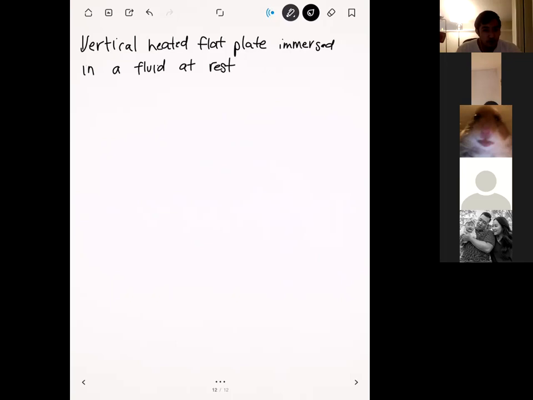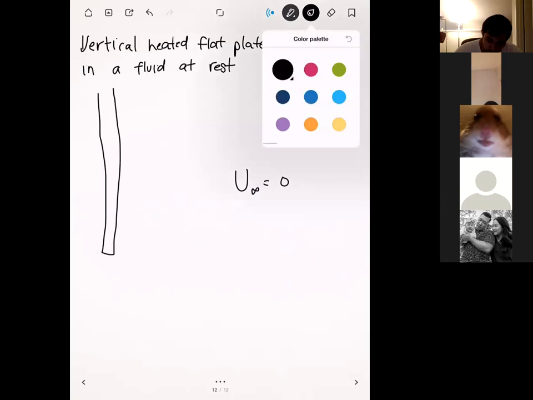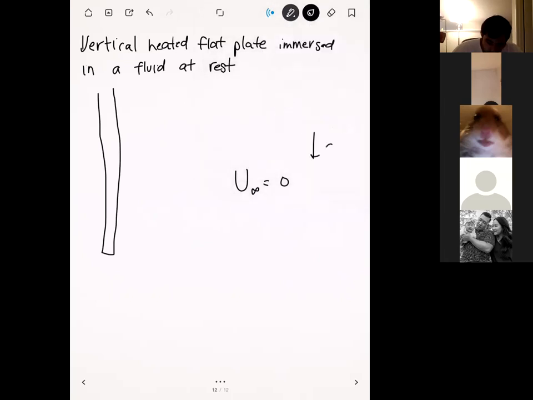We're going to assume there's no forced convection here. So visually it looks like this. We have a large plate, and U infinity here is going to be 0. Far away from the plate, we're going to have zero velocity. The reason I draw it vertical is because gravity is going down just like that.